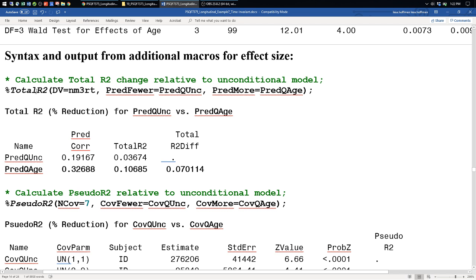So the total R-square macro that I wrote, you can do these calculations yourself or you can use it. You fill in which DV you're using, the predicted values from a model that's simpler, and then the predicted values from the model that's more complex. And then it gives you the R-square for each model as well as the difference between the two.